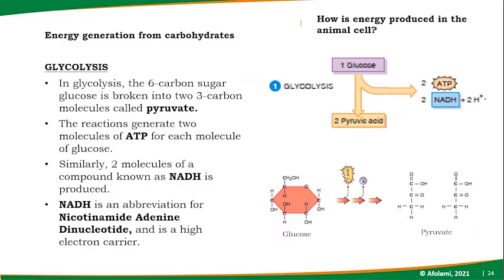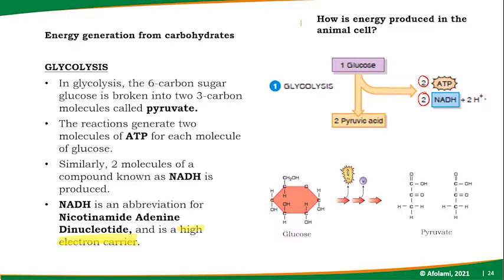And what happens in the process, you have two ATPs being produced, and you have nicotinamide adenine dinucleotide, which is actually a high electron carrier. We need to get familiar with these electron carriers as we are meeting them. NAD and NADH. We talked about the reduced form and the oxidized form.